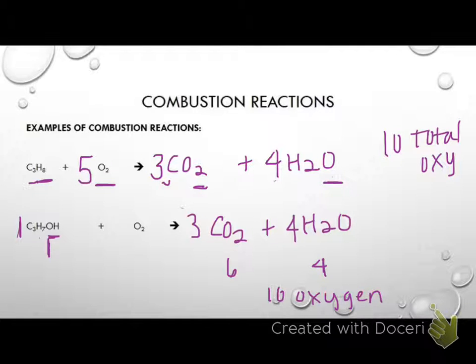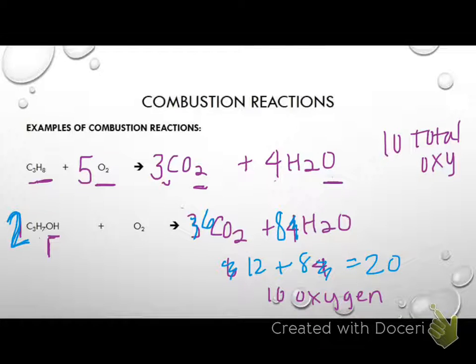Anytime I see that it's not going to work with 1, I'm going to bump it up. I'm going to change colors here so you can see. I'll say, okay, that's not going to work, so I'm going to put a 2 here. Then that means I need a 6 here and an 8 here. Now my new count of oxygen: 6 times 2 is 12, plus 8 is 20.